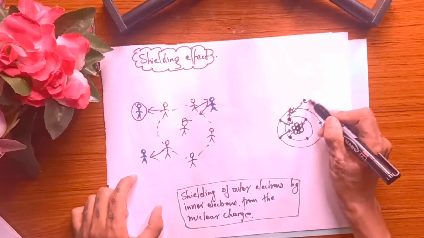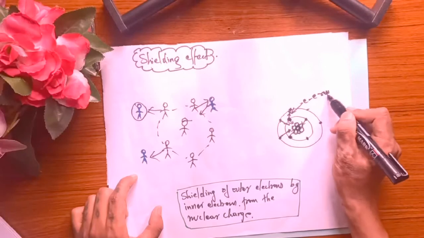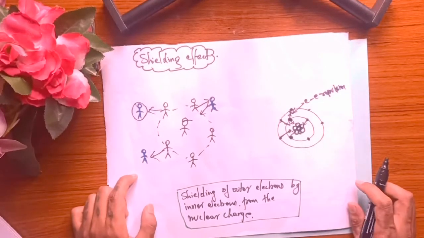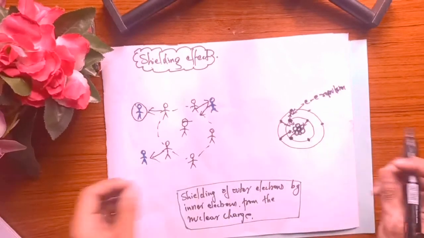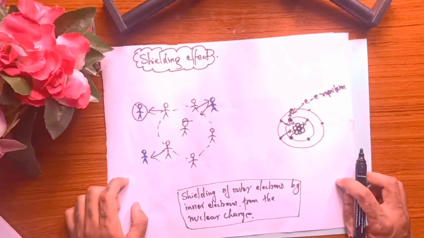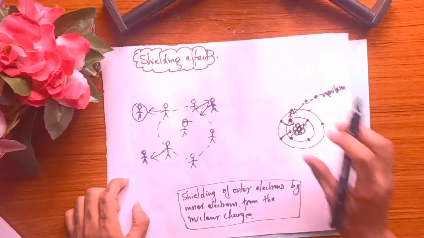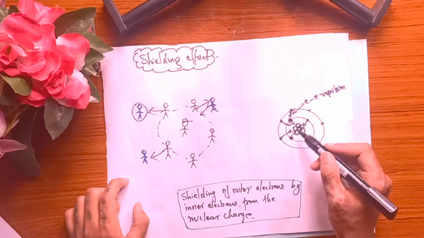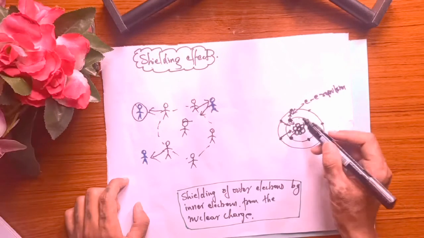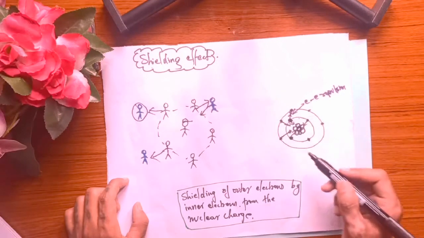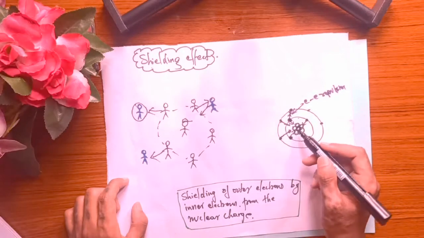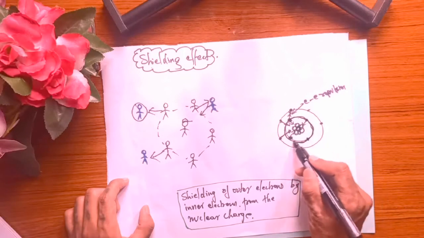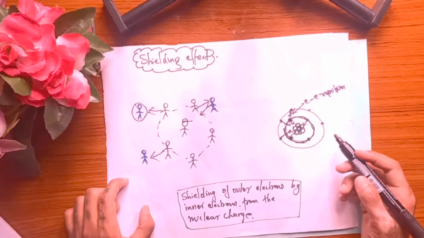It's called electron-electron repulsion. As you already know, electrons are negatively charged particles, so when they get closer to one another, like charges repel each other. So the inner electrons here are pushing back the outer electrons away from the nucleus, and this kind of shielding of the outer electrons by the inner electrons is what's called the shielding effect.